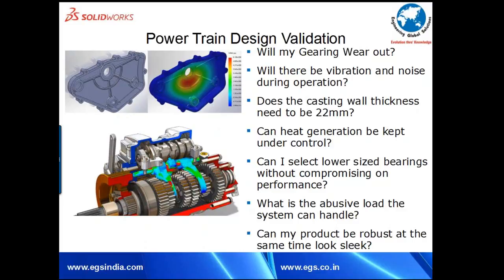So if you look at this presentation, the last but one statement comes over there and says, what is the abusive load that the system can handle? I want to bring home the point that there are three different loading conditions for which a designer tries to protect his design. One is called the operating load.